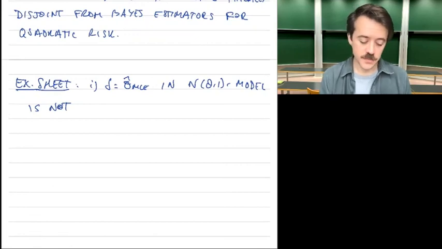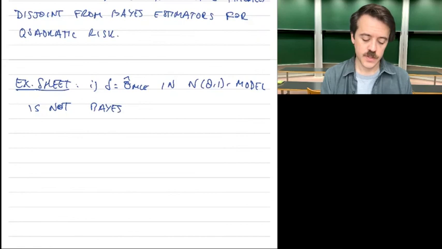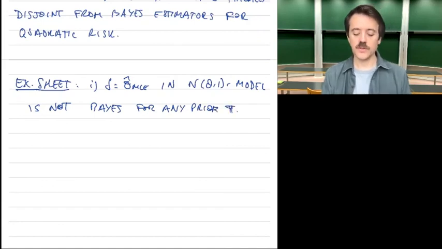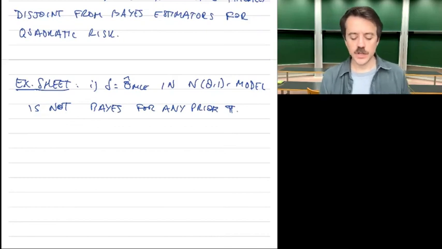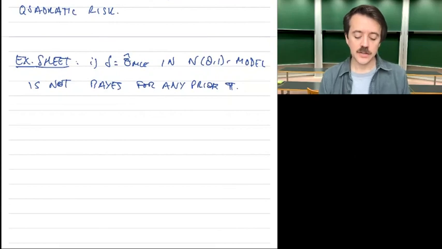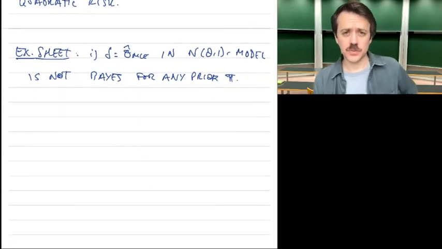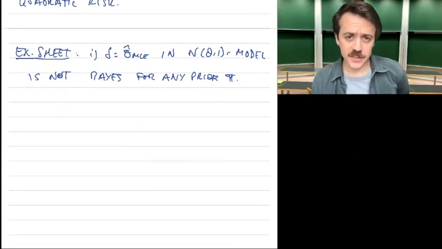It's not Bayes for any prior. That's important, because the MLE is not going to be Bayes, and this has to do, as we just said, with the unbiasedness.